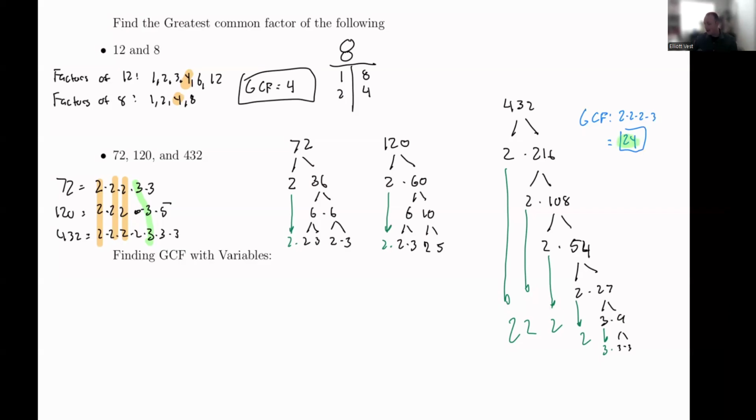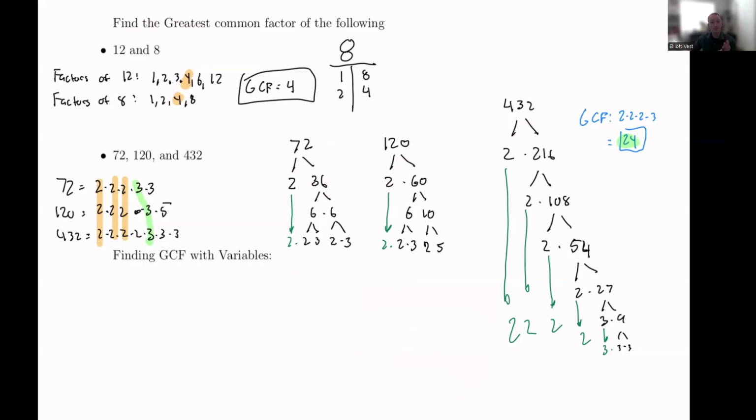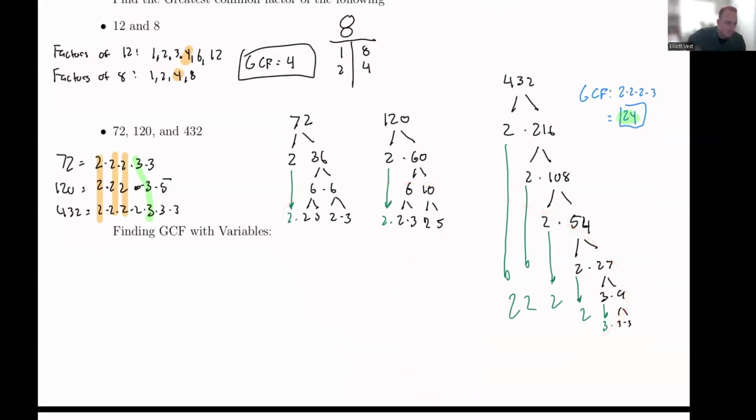Now, it is very tough for me to see that all 3 of these numbers have a factor of 24. It's a little tougher to see, 432 especially. So sometimes these prime factorizations are good.